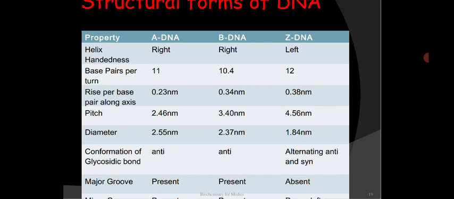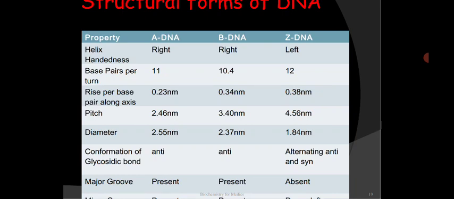Major groove and minor groove, we can see in the figure in the next slide. A-DNA's major groove is present, B-DNA's is present, Z-DNA's may be absent because Z-DNA has a zigzag pattern of conformation.